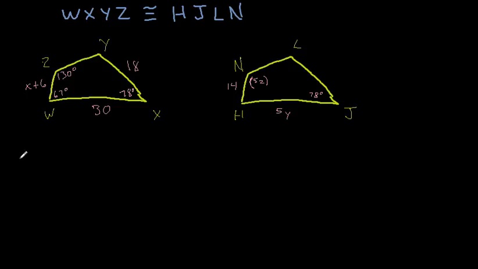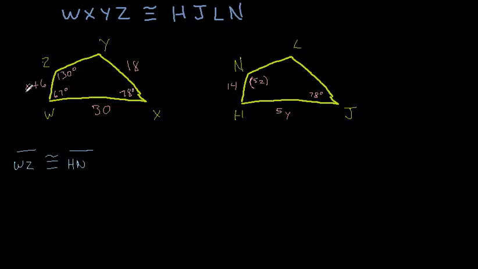And now I'm going to rewrite it and choose a different color. Let's say, hey, line segment WZ is congruent to line segment HN.